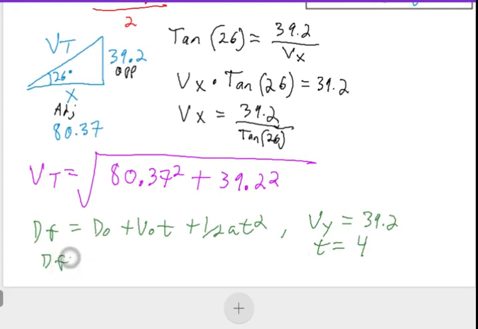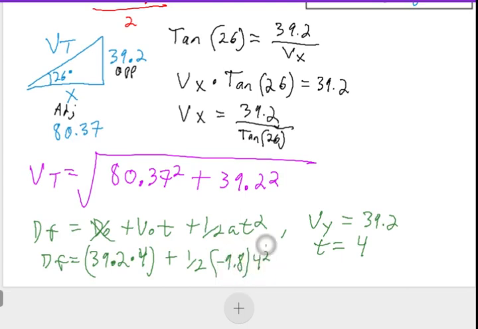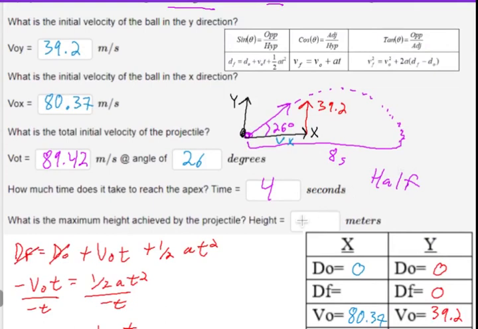So I have df is equal to, do is just 0, vo is 39.2 times 4, plus 1/2 times negative 9.8 times 4 squared, which I'll write 4 squared here. So if I plug all this into my calculator in parentheses and everything, I find out that the maximum height achieved should be 78.4 meters. And that's it for this problem.